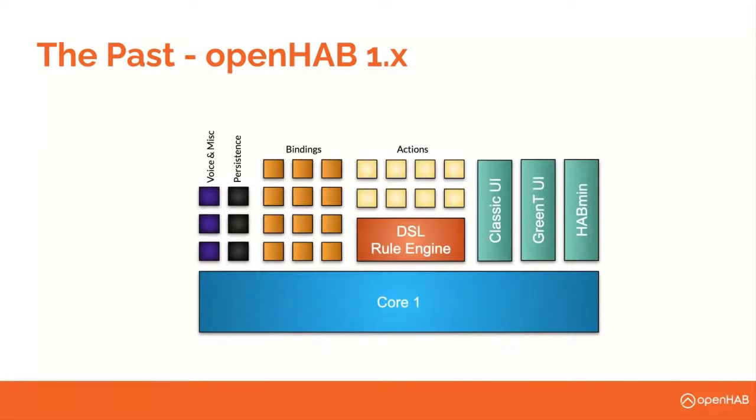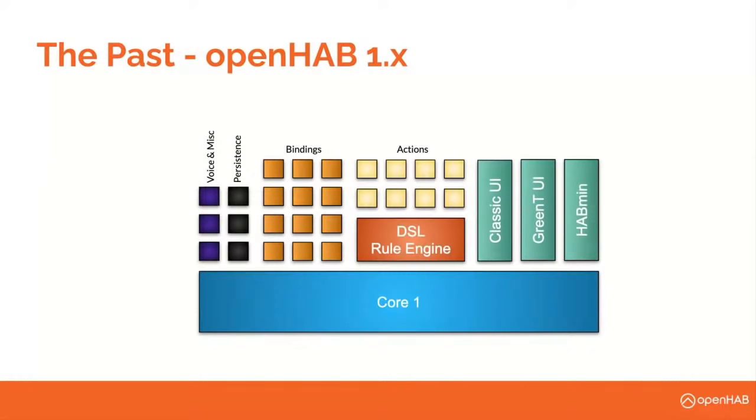The number of bindings increased quite a lot. New types of add-ons were invented, like for voice and other stuff, persistence layer for storing our things. New user interfaces were built on top of that, and the JBoss rule engine actually proved to not be a good choice for openHAB, since it was pretty large and slow and didn't integrate well with the rest of the code.